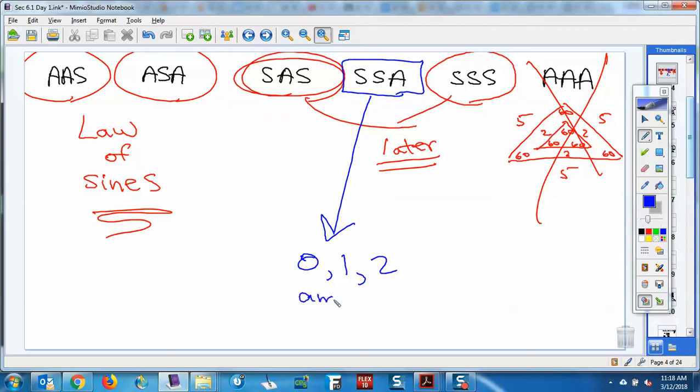And so we call this the ambiguous case when we're solving, is it G? Yes. We call this the ambiguous case when we're solving triangles, and you will have to figure that out. You will have to either say there are no triangles, or there's one and here are the missing measurements, or there's two and here would be the missing measurements for each one. And so that will be the tricky one.